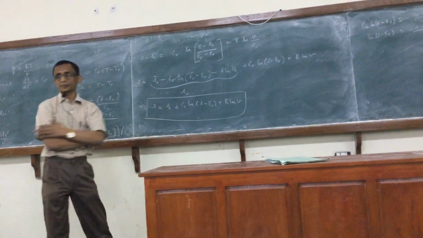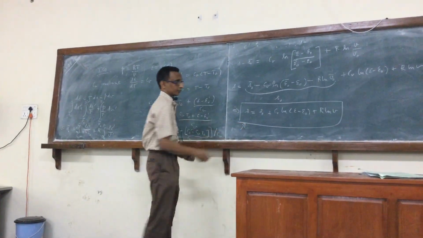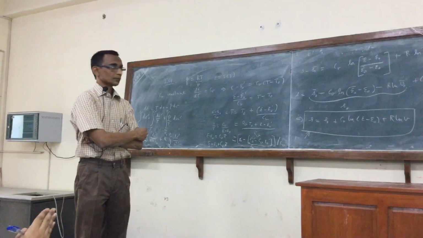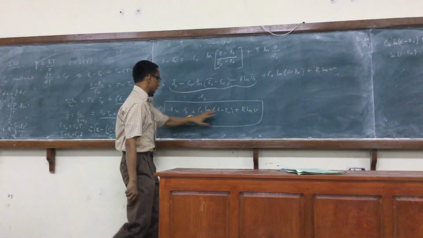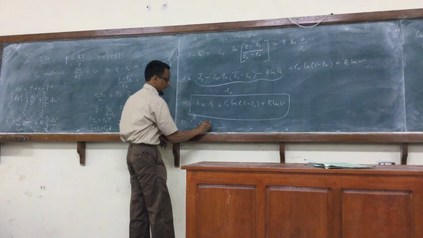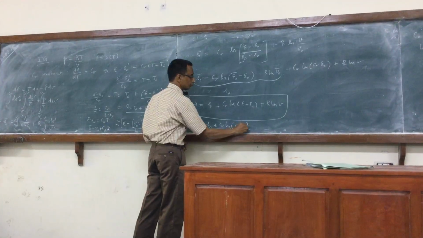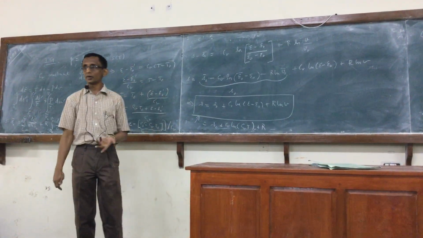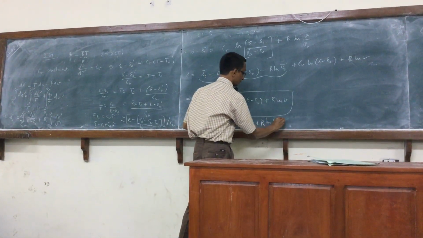From this, obviously I need to look at this. Cv log of E minus E naught is just CvT. So this would be S naught plus Cv logarithm of CvT plus R logarithm of RT by V.